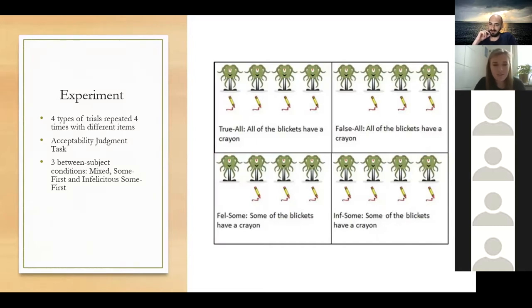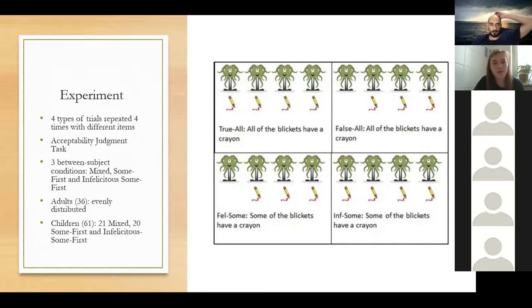There were 36 adults, evenly distributed between the three conditions: 12 for the mixed condition, 12 for the some-first, and 12 for the infelicitous some-first condition. As for the 61 children, 21 were assigned to the mixed condition and 20 each to the some-first and the infelicitous some-first conditions.